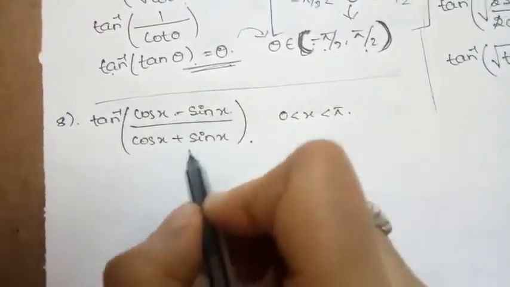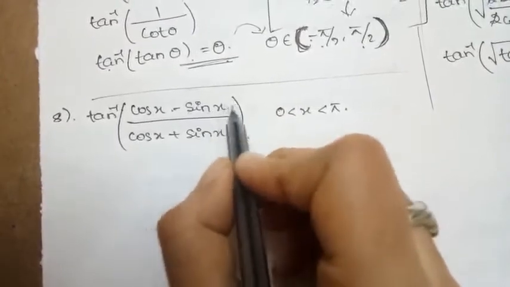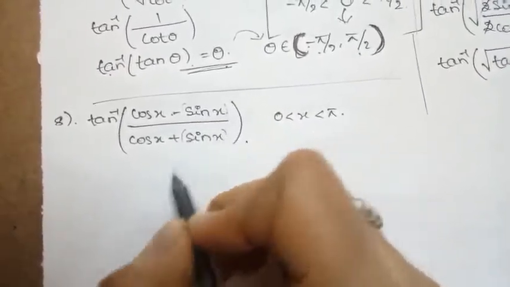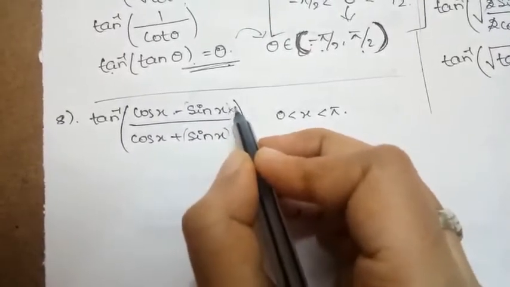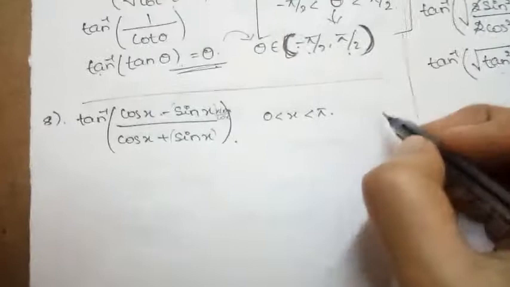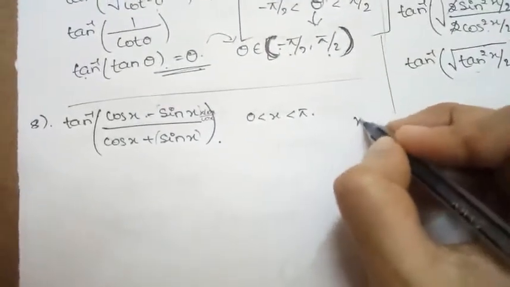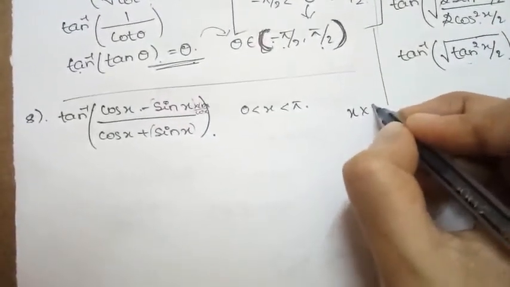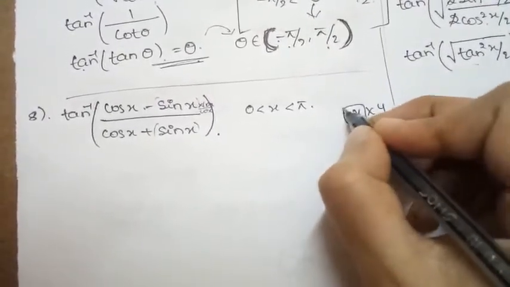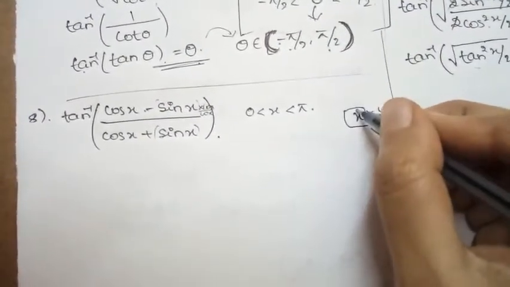What I am doing right now is, for sin x, only for this term in both numerator and denominator, I am multiplying by cos x and dividing by cos x. We know that if I multiply by any number and divide by the same number, there is no change in the value.